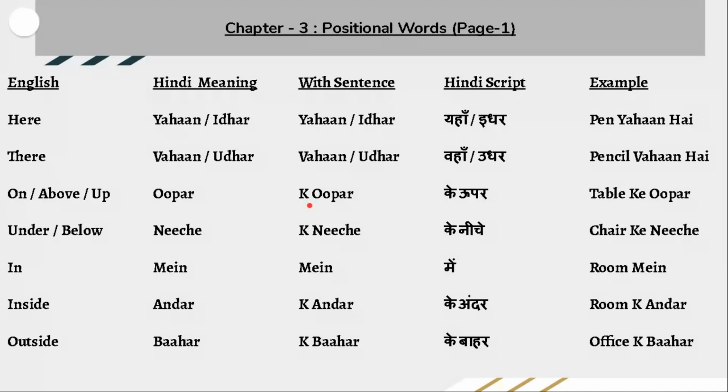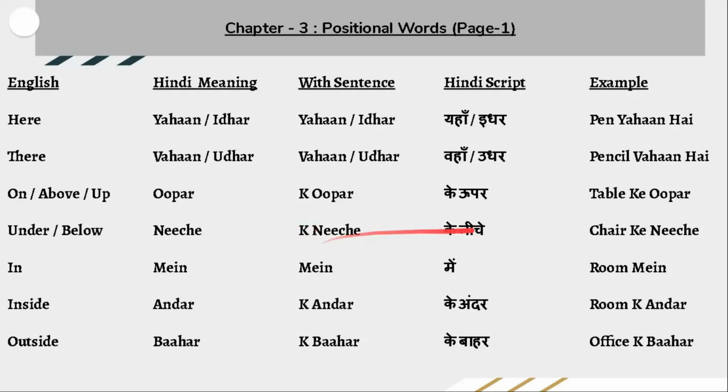Example, on the table, table ke upar. Above the sky, sky ke upar. Next, under or below. For this we have to use niche. But when it has to be used in the sentence, it will be the same standard form, ke niche. And here we will not use any different sound like ka, ki, ke. This is the single and standard form, ke niche, ke upar.